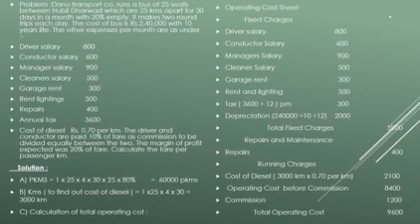Remember students, here the cost of diesel is given per kilometer. When cost of diesel is given per kilometer, as I have told you already, we have to calculate total kilometers, not only total passenger kilometers. In this problem we have to calculate total kilometers because the cost of diesel is given per kilometer.